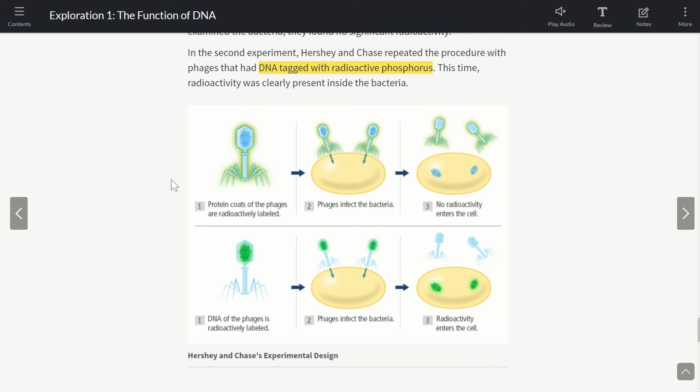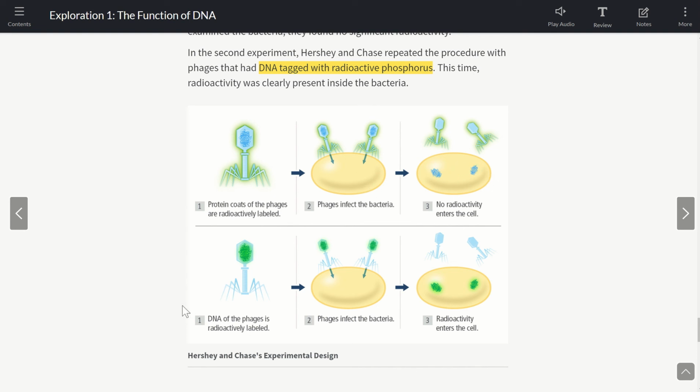They took one culture and they radioactively marked the outside, which is primarily made of sulfur. Well, primarily a protein, which contains a lot of sulfur. When they allowed this virus to attack a cell and begin to reproduce, none of the markers showed up in the reproduced virus. In other words, the portion that contained the genetic material did not pass into the cell because it wasn't reproduced.